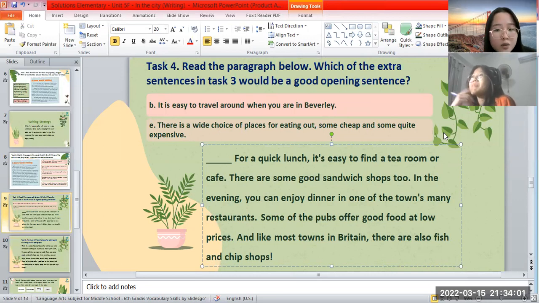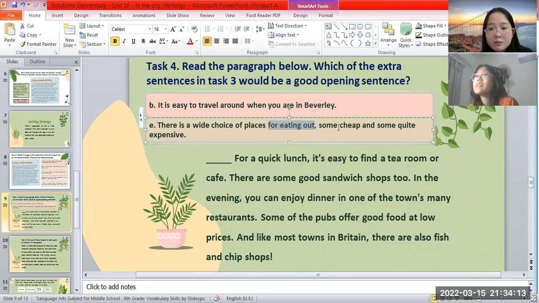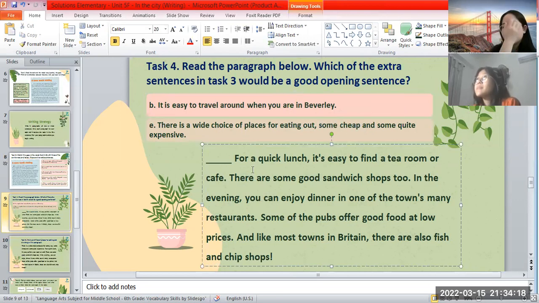Yes, it mentioned the food. Good. That is the key point. Can you see it here? There is a wide choice of places for eating out, some cheap and some quite expensive. They are comparing which place is cheap and which place is expensive for eating out, and it's related to food. So that must be E.